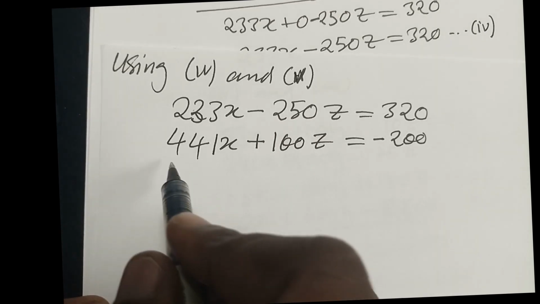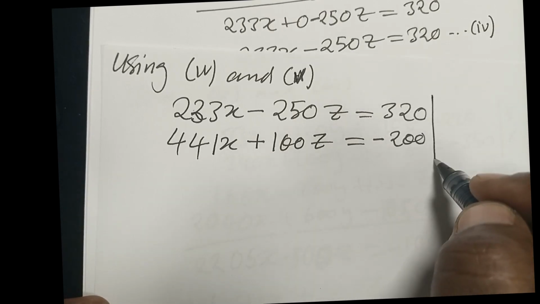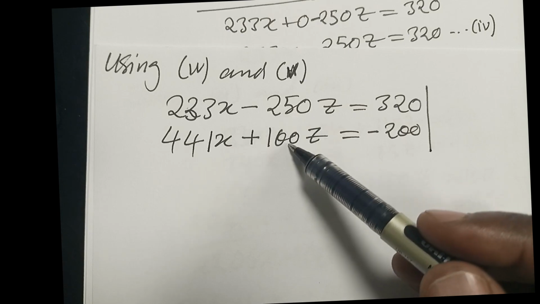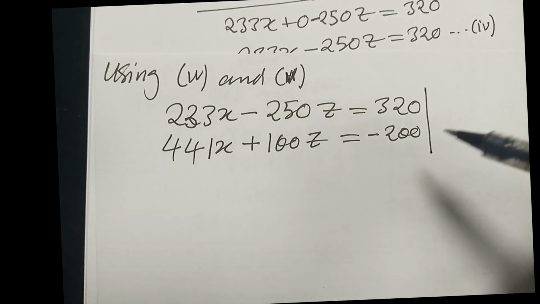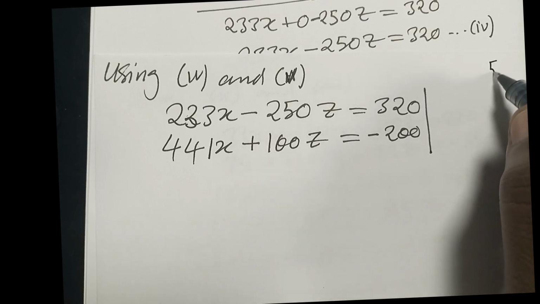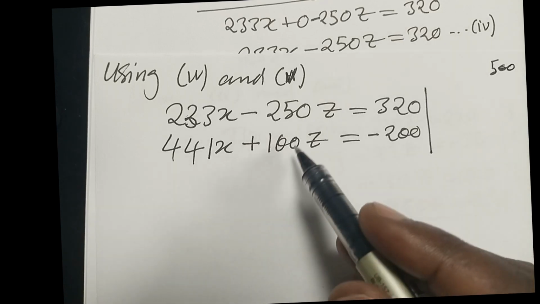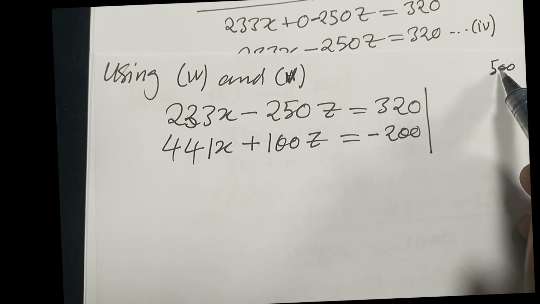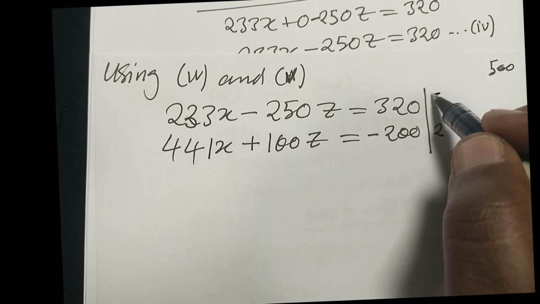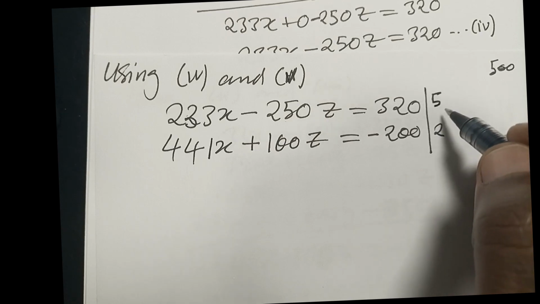To do that, let's do elimination again. Where 250 and 100 can go without leaving a remainder, the lowest common multiple is 500. So 250 goes how many times into 500? It goes twice. Then this goes into 500 five times.